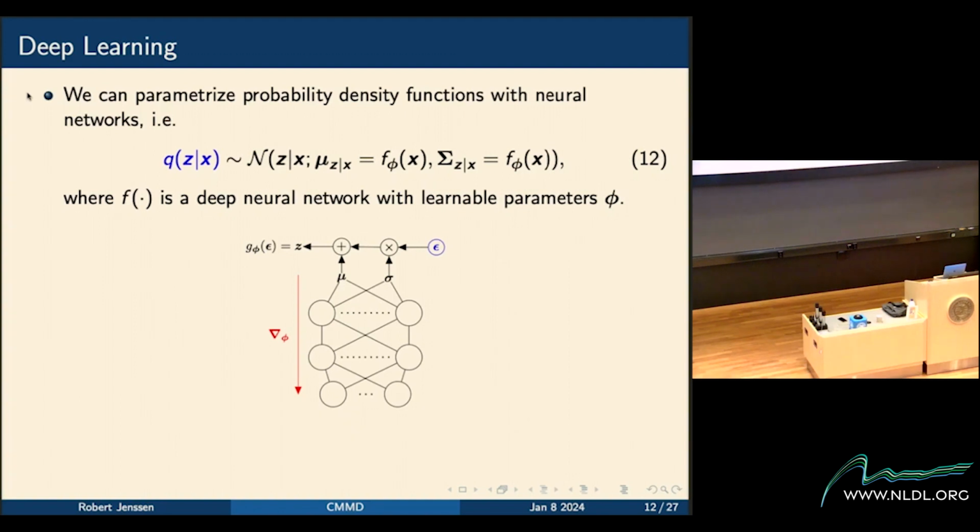This is doable because we can now sample. This is connected to what's called the reparameterization trick, which is how to make this actually work in practice.